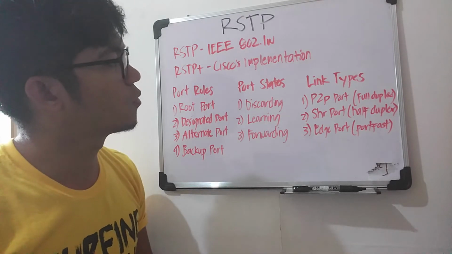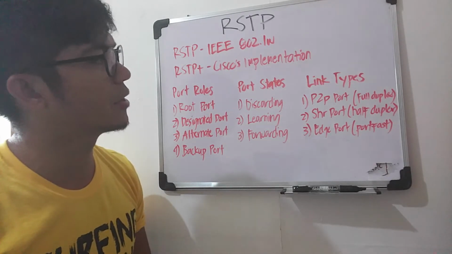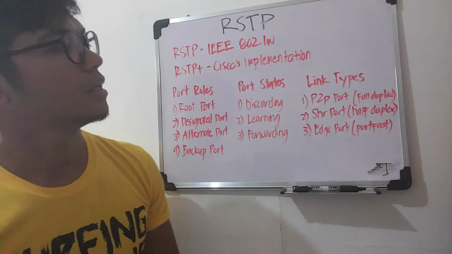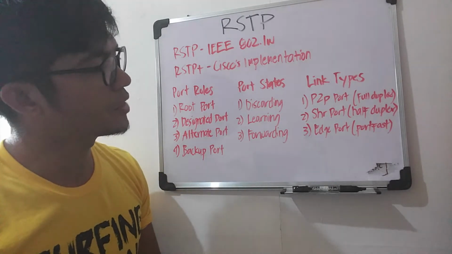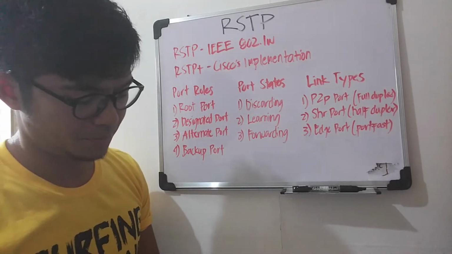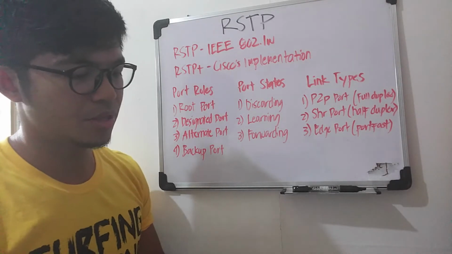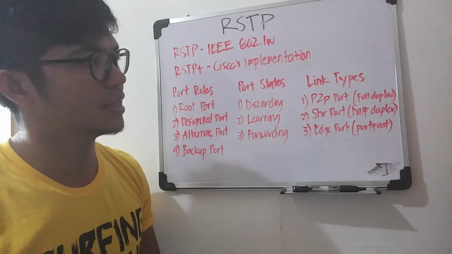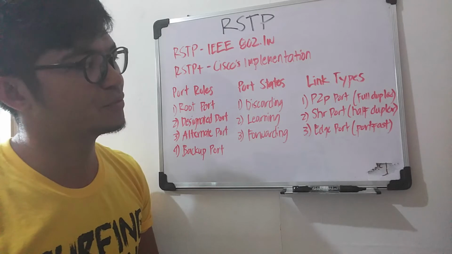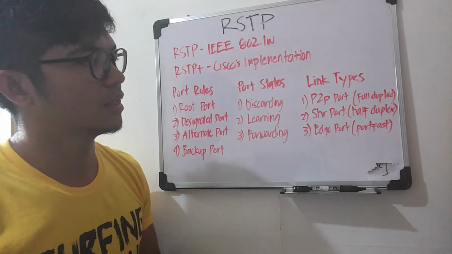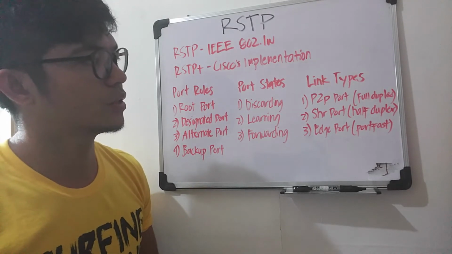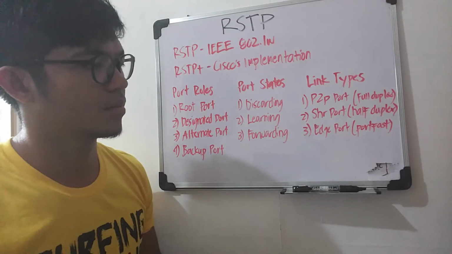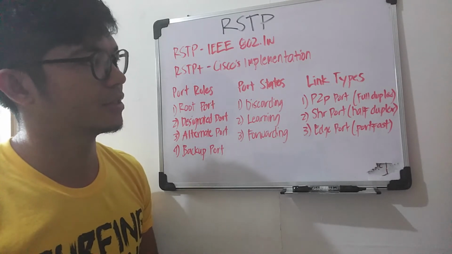And the last thing that we are going to talk about is link types. Number one is the point-to-point port. If you have two switches and their ports on both ends are in full duplex, both switches assume that the link is point-to-point.